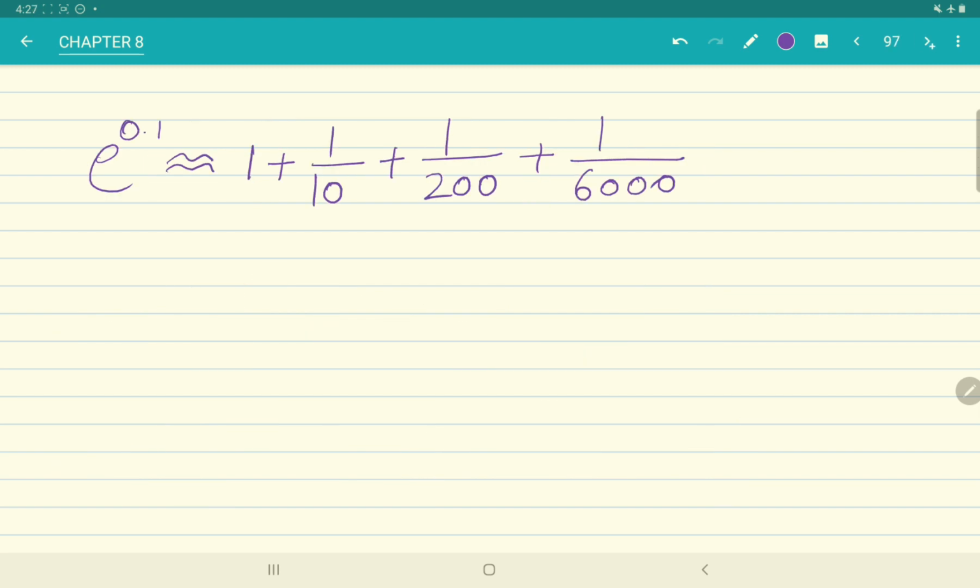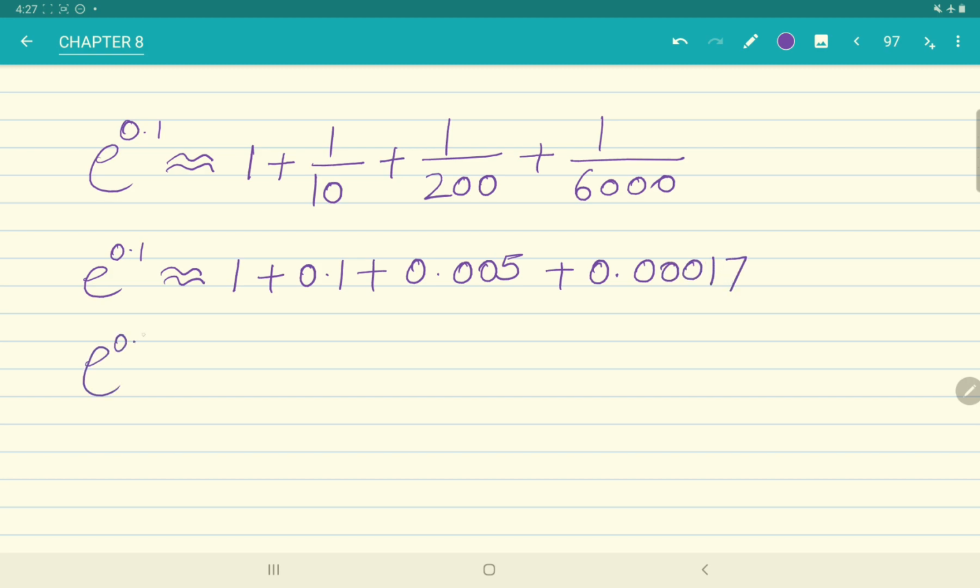If we calculate this, we will get e raised to the power 0.1 approximately equal to 1 plus 0.1 plus 0.005 plus 0.00017, and that means e raised to the power 0.1 will be approximately equal to 1.10517.